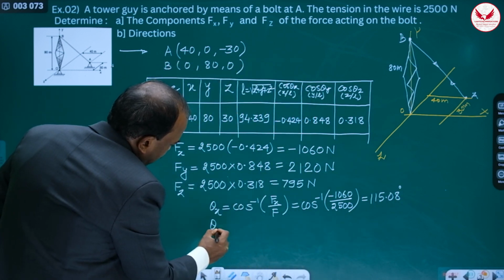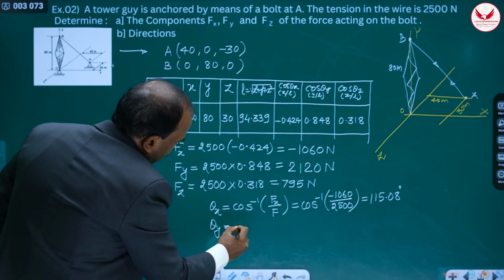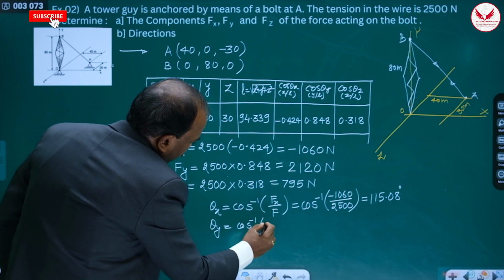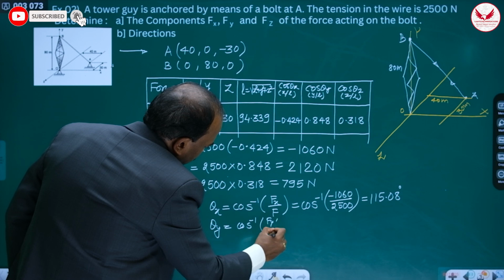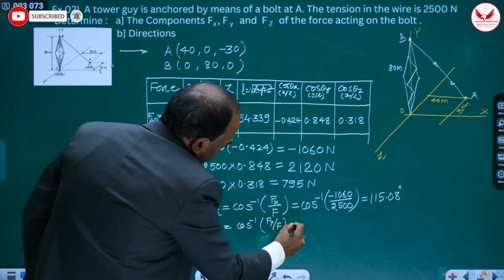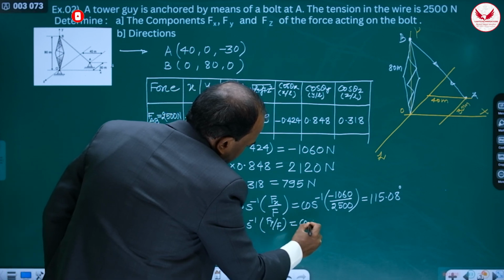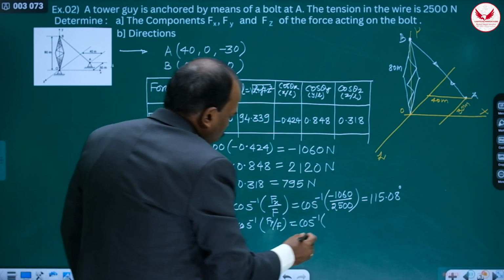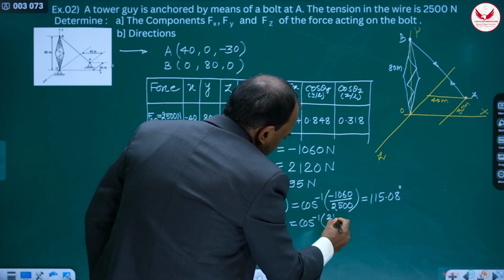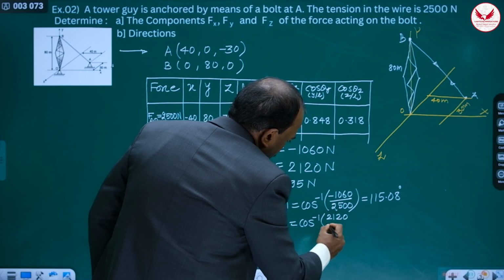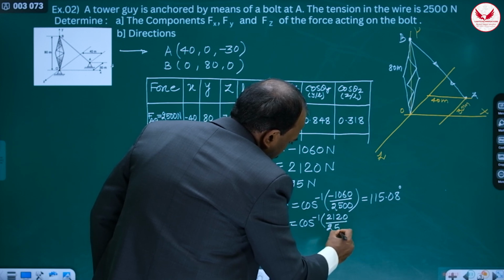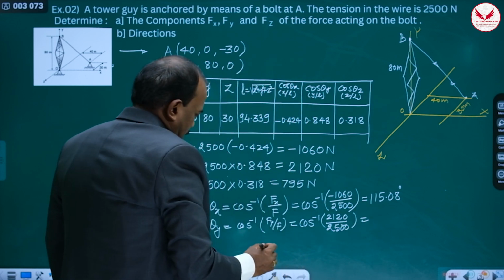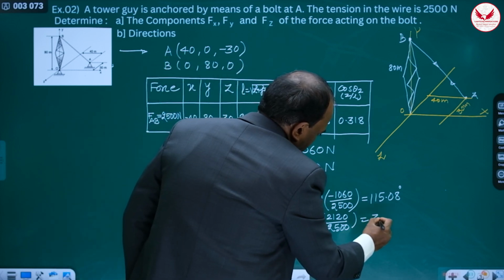These are called direction cosines. Theta y is going to be cos inverse of Fy by F, which is cos inverse of 2120 by 2500, and this value will be 32 degree.